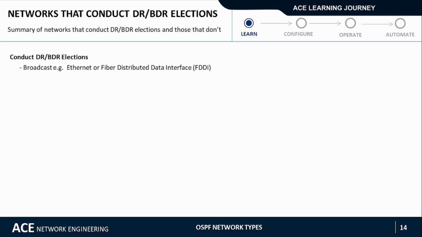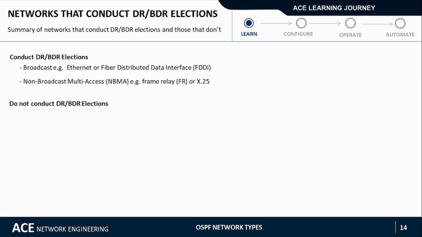Influence who becomes your DR and who becomes your BDR. A non-broadcast multi-access network, e.g. Frame Relay, X.25, will also conduct a DR/BDR election. So be careful to always know who will become our DR and who will become our BDR.